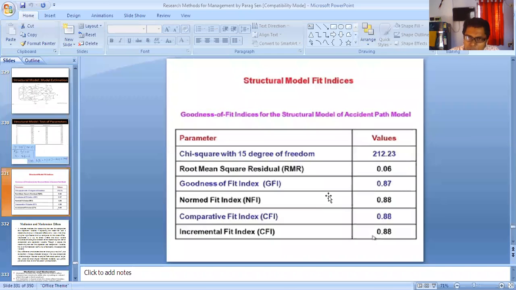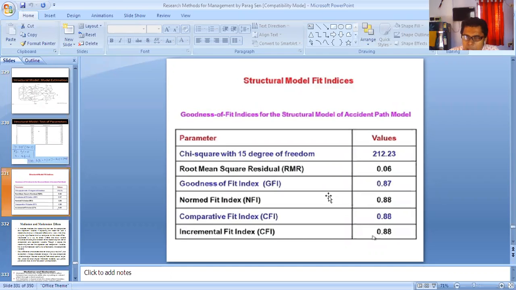You build the model first. This is the first step. After building the model, the second step is the model identification. We have discussed earlier how the model identification is done, whether it is over identified or under identified. We prefer the over identified model.